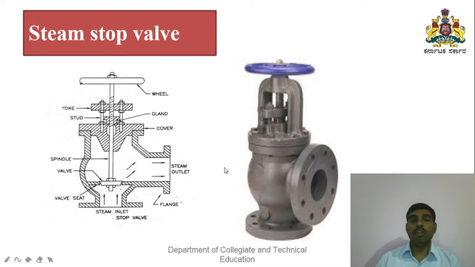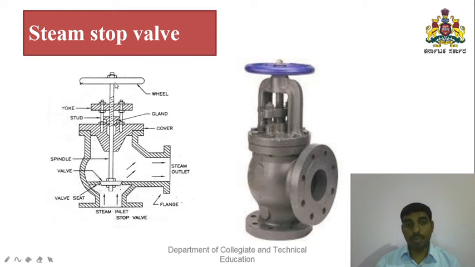Students, you have seen the video of how the different parts of the steam stop valve are manufactured and assembled. So here the basic concept: we have a valve seat and a valve. This is the steam inlet. When the steam comes in, this is the stop valve.